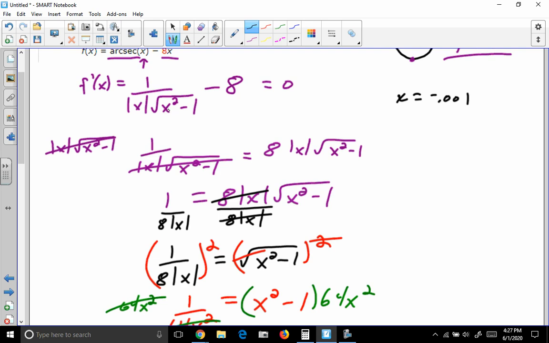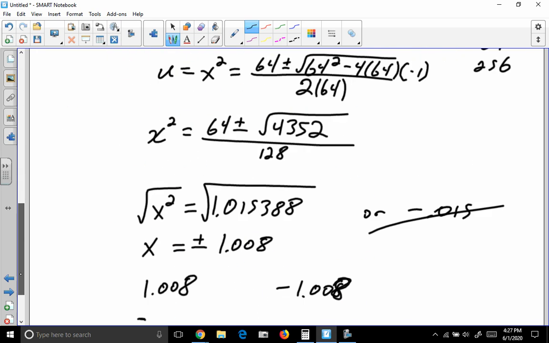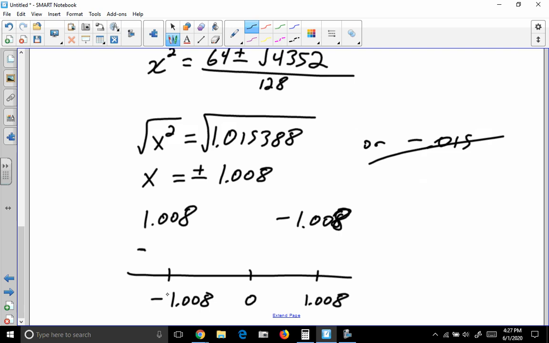If you put a negative 1 in here, negative 1 squared is 1. 1 minus 1 is 0. So we would actually need a number between negative 1.008 and negative 1 because we're undefined there. So we're actually going to be undefined, all of this stuff in the middle. We can't use any of that.